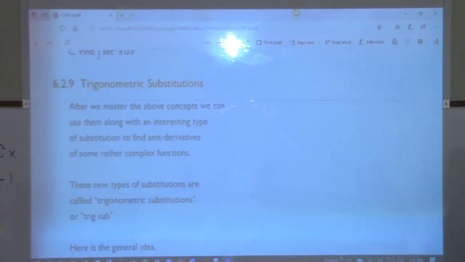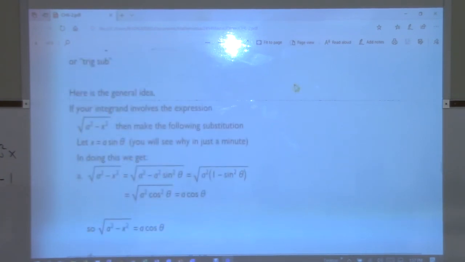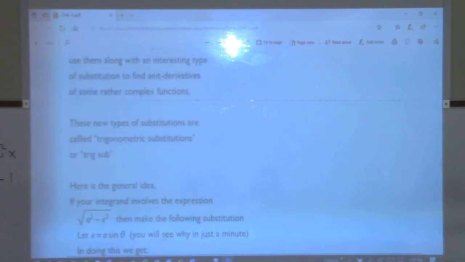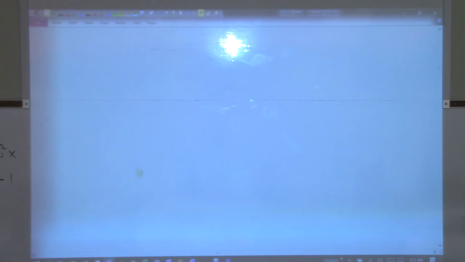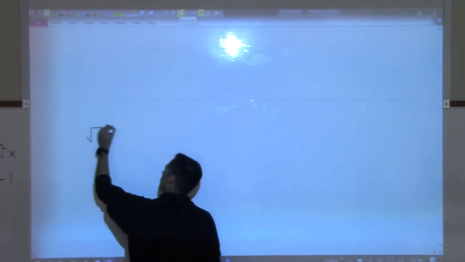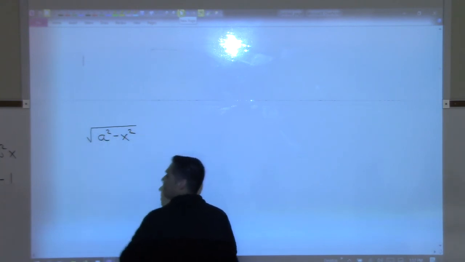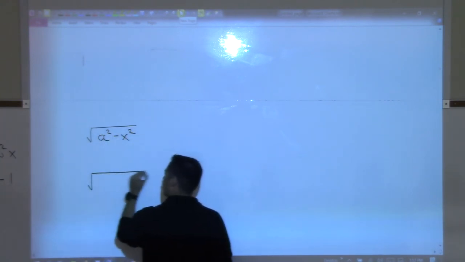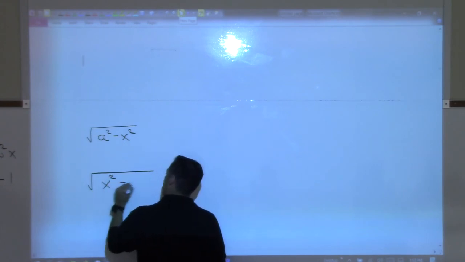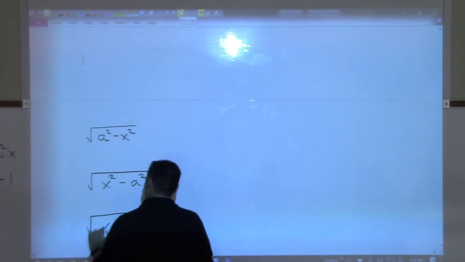All right, so what we're gonna do is we're gonna try and tackle a certain type of integral. The type of integrals that we're gonna look at are any integrals that have this in it, this in it, or this in it.